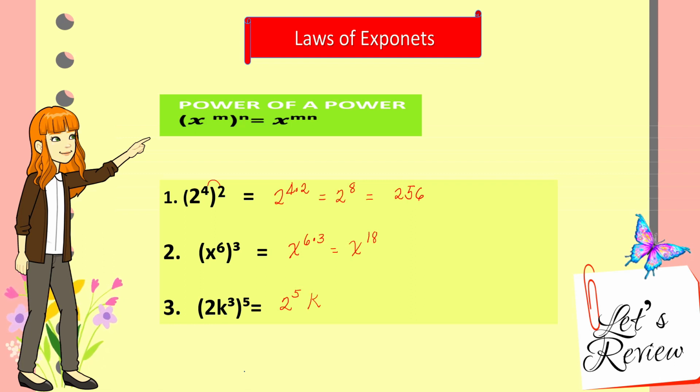And then k, we have 3 times 5. So 2 raised to the 5th power is 32. This is equivalent to 2 times 2, 4 times 2, 8 times 2, 16 times 2 is 32. So we will have 32, okay, and then 3 times 5 is 15. That is the power of a power. We will multiply the exponent with another exponent.